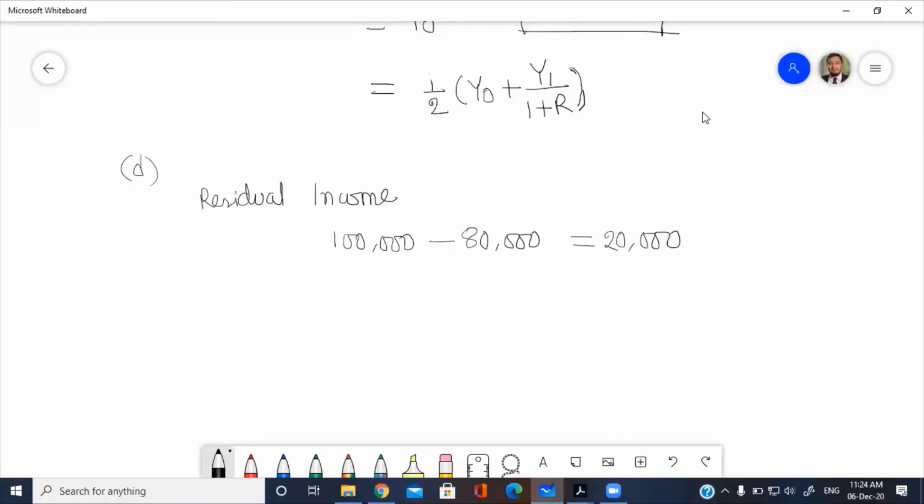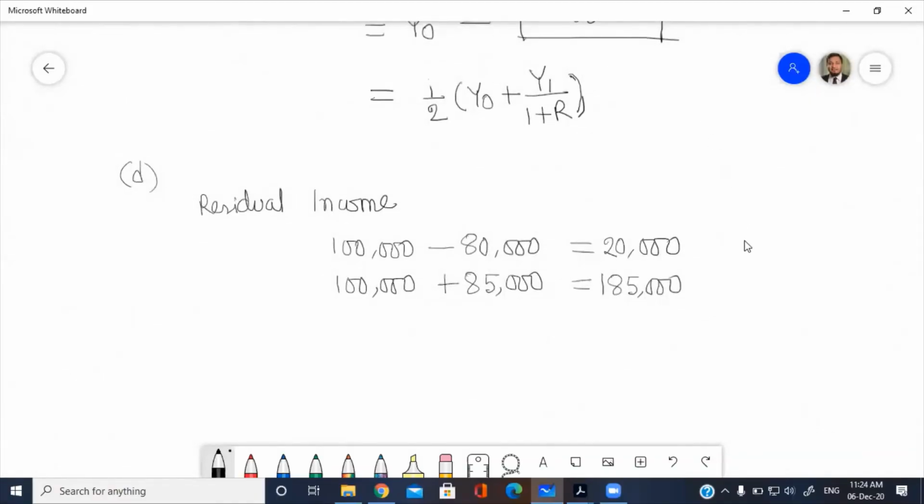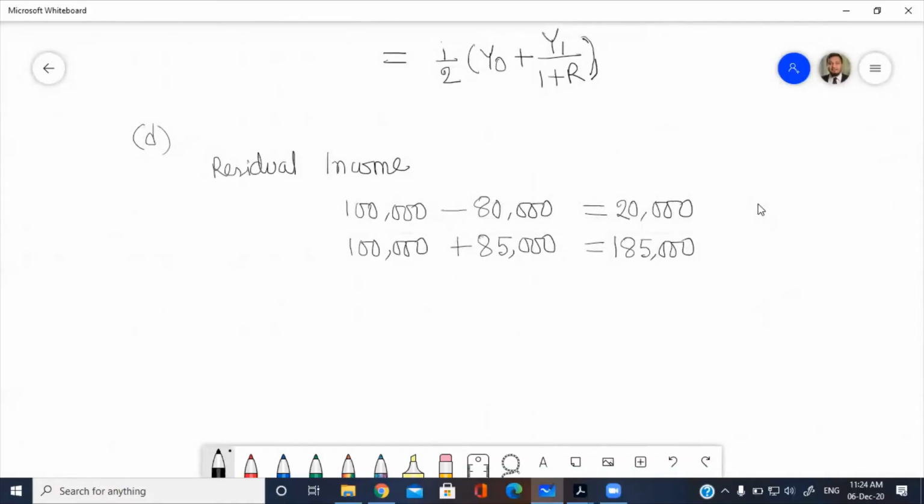As the NPV is positive, that's why you are undertaking the project. Now, what will happen to the future period income? Can you expect that it will go up by the payoff from the project, 85,000? In that case, what will happen to the available income for future period after considering the project payoff and the project investment? 185,000. Up to this, is it okay?